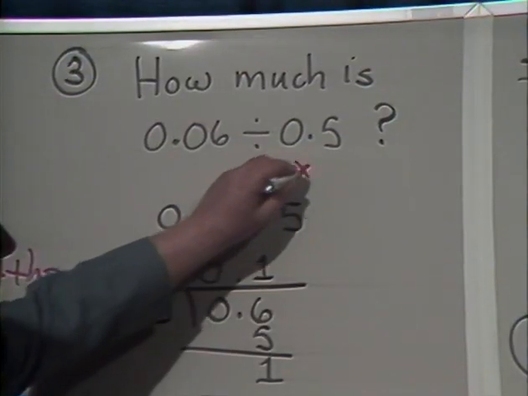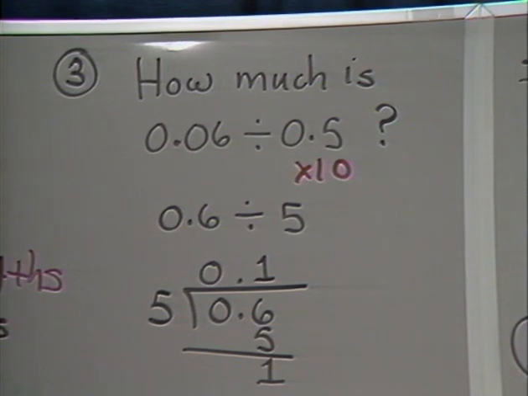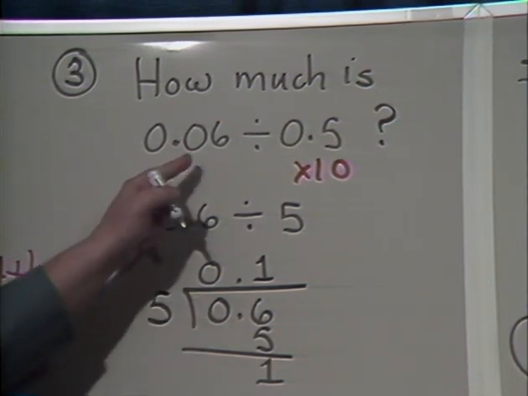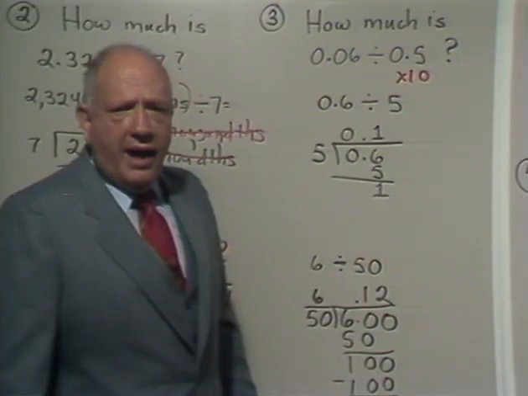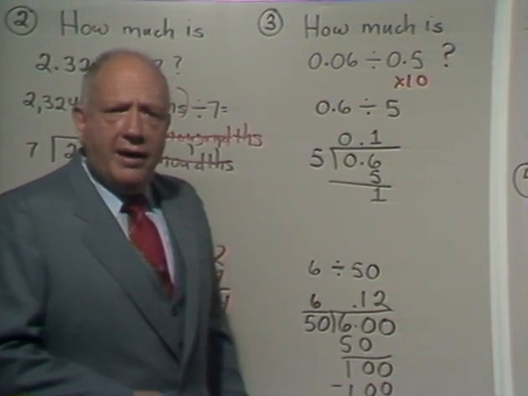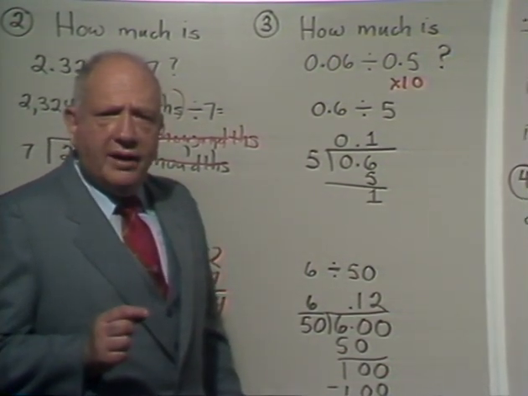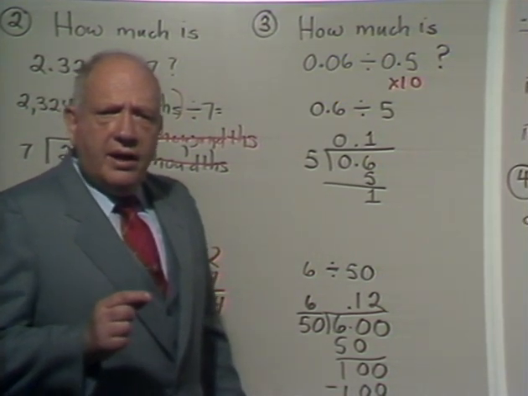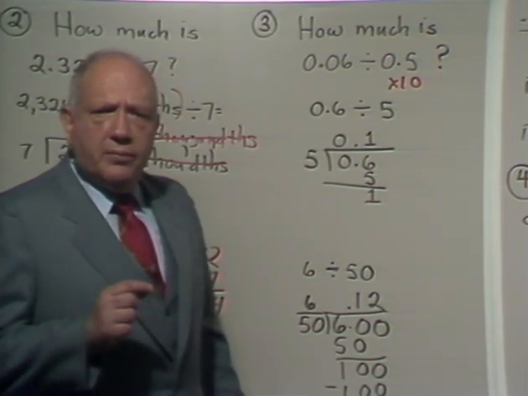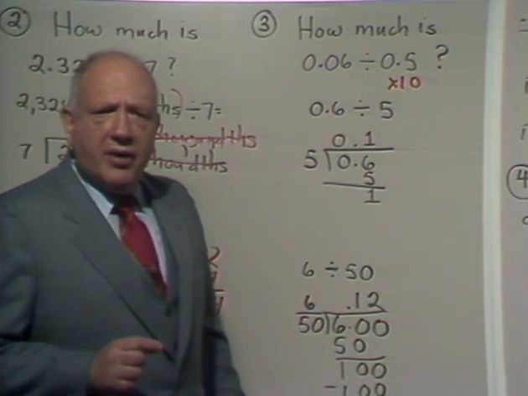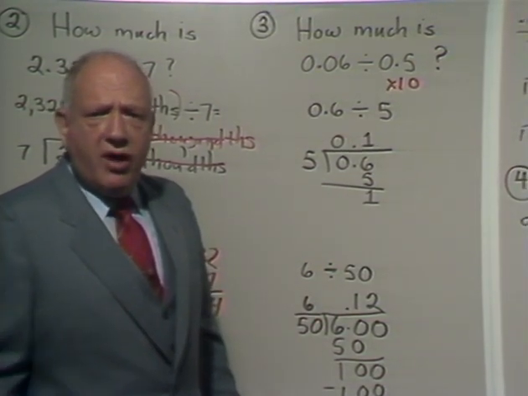But what am I doing when I move the decimal point 1 place to the right? I'm multiplying by 10. But we've already seen that in any ratio, if you multiply one number in the ratio by 10, you also have to multiply the other number in the ratio by 10. That's equivalent, as I'll show you later, to when we said, given a common fraction, if you multiply numerator and denominator by the same non-zero number, you don't change the rate.